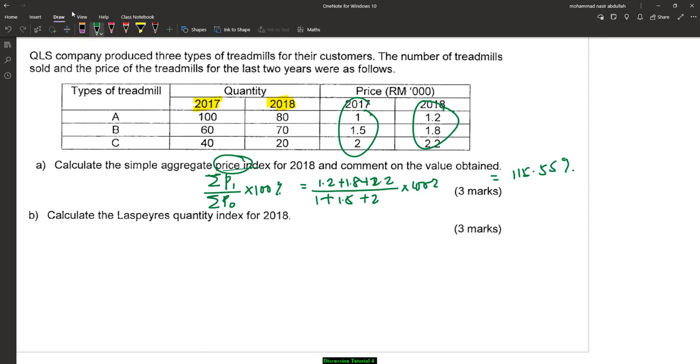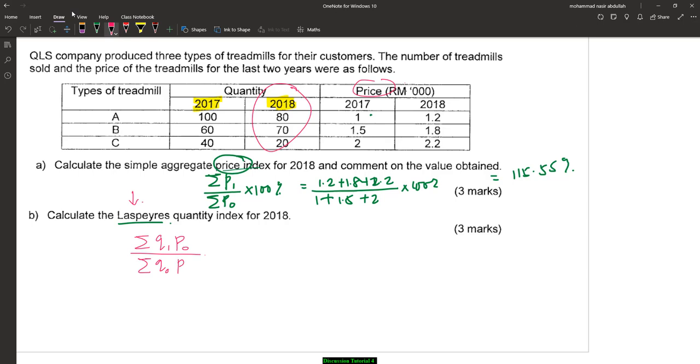Then B, last period quantity index. We are focusing on the quantity index, and the price index as our weightage. So this one should be the quantity for the current period multiply with our weight. The weight is the price for the base period, because this is a last period quantity index.